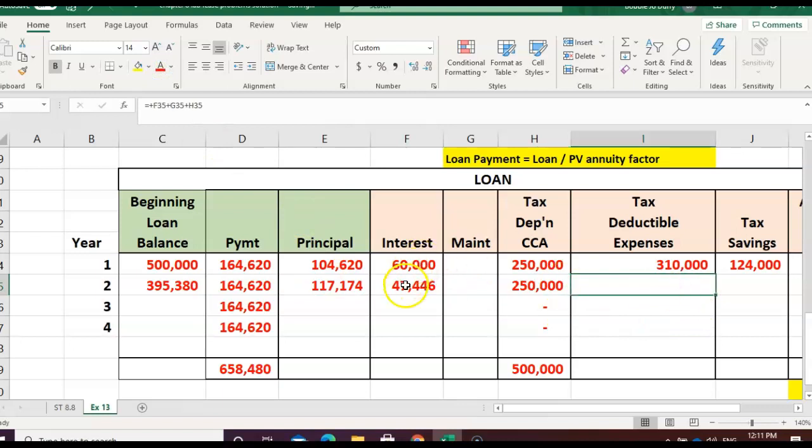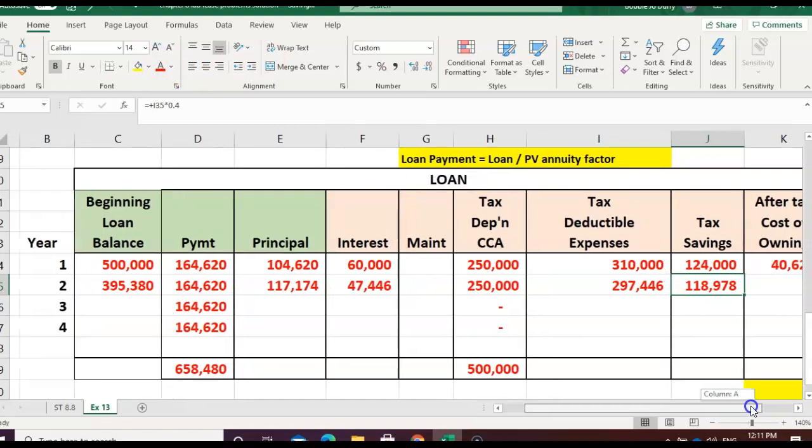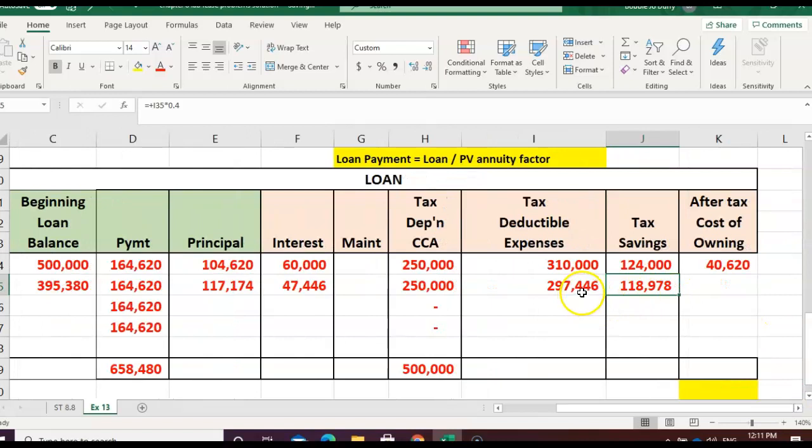And we add together our interest, maintenance, and CCA. We have tax savings, which is 40% multiplied by our tax deductible expenses. We deduct our tax savings from our payments for the year, and we get $45,642.